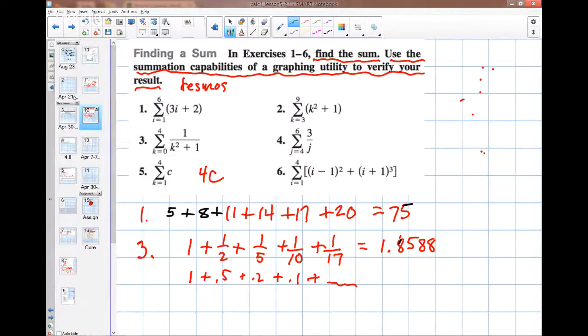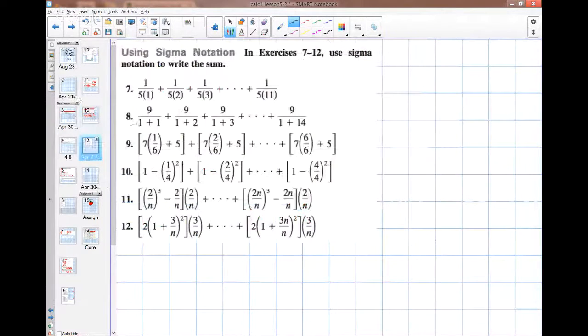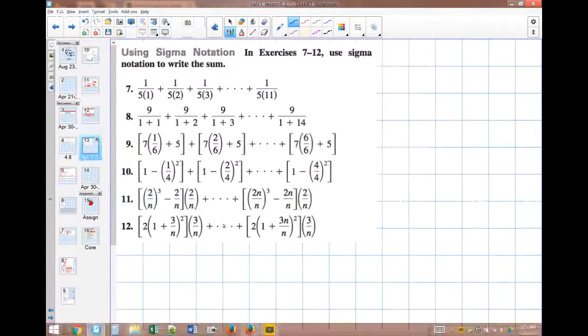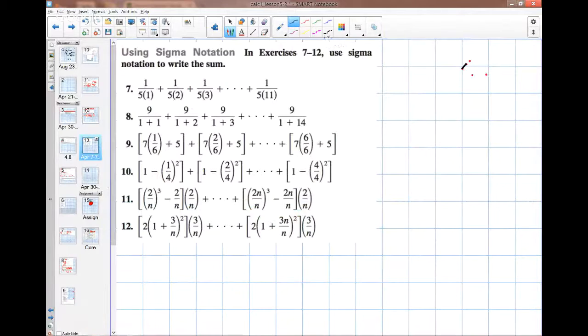Anyway, what's the next? Okay, the next branch. This is interesting. They're trying to get you just a little bit into sigma notation. So we're supposed to write sigma notation for what we've got here. I don't know why my pen goes away. Trying to get it to come back again.